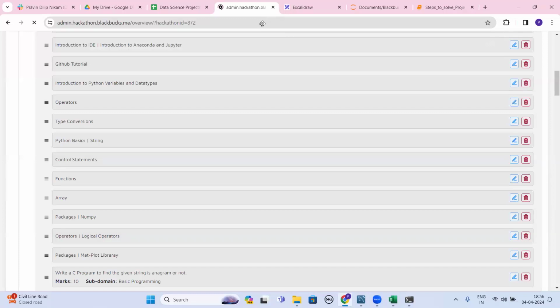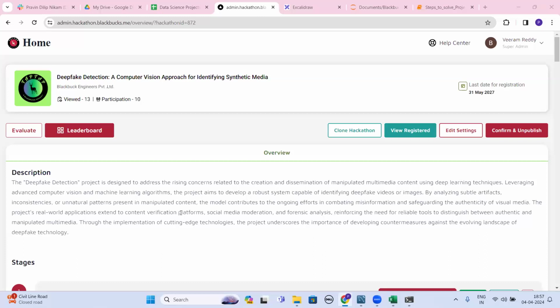So in this particular project, deep fake detection, you are basically expected to identify whether a given news item present here is real news or fake news.